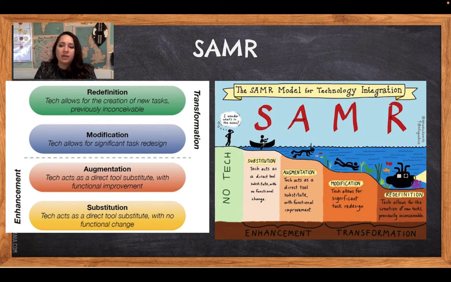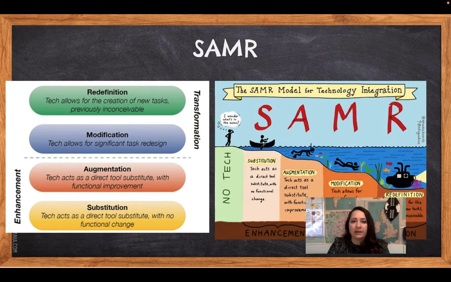So SAMR is a way of thinking about it. S stands for substitution, A stands for augmentation, M stands for modification, and R stands for redefinition. It's important to know not every lesson is going to be deep down in the submarine status there of redefinition. But we just want to be aware, how am I using technology?